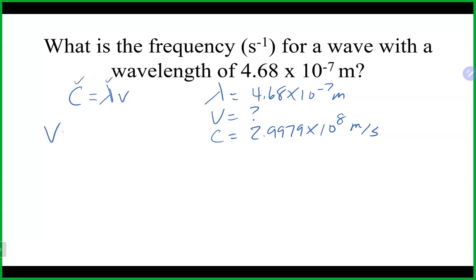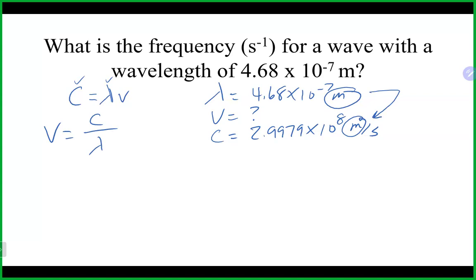We can solve for the frequency, which is C divided by the wavelength. Once again, we don't have to do any conversion for our wavelength units, because they will cancel out with our speed of light. But this is why you do need your wavelength in meters, so that it will cancel out correctly with the speed of light.